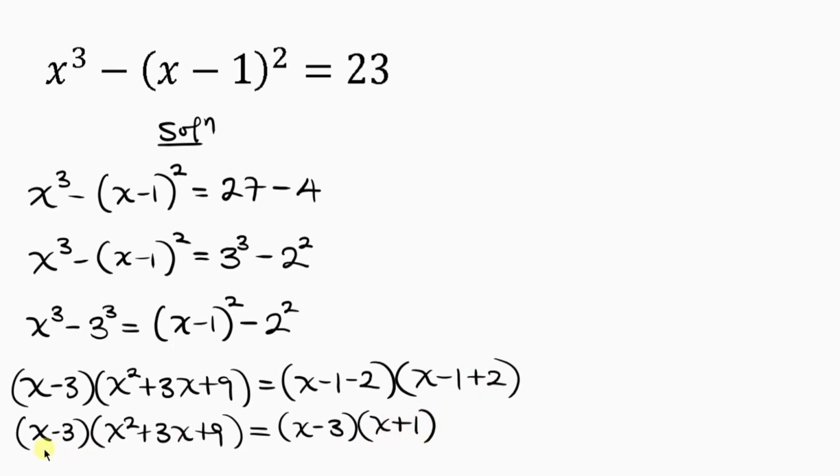Now notice that I have x minus 3 on the left and I also have x minus 3 on the right. So I have two cases here, which I can say x minus 3 is equal to 0, or this expression on the left, which is x squared plus 3x plus 9, is equal to this other expression on the right, which is x plus 1. So these are the two cases that I have.